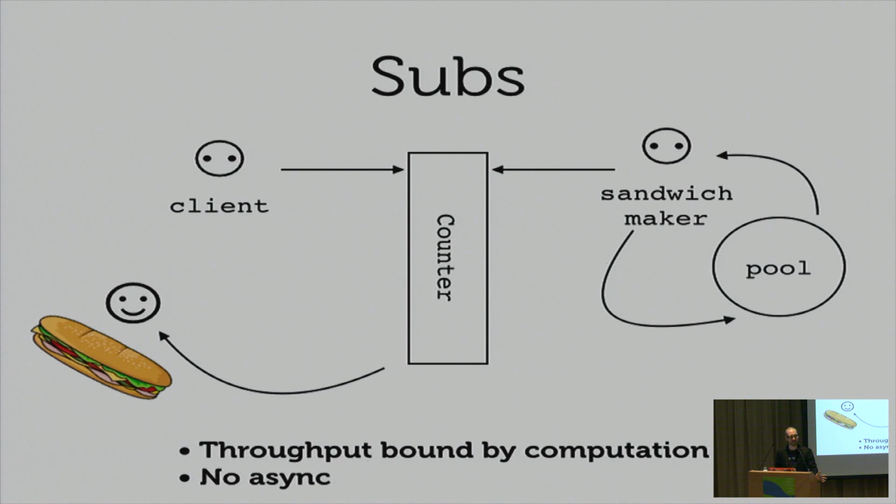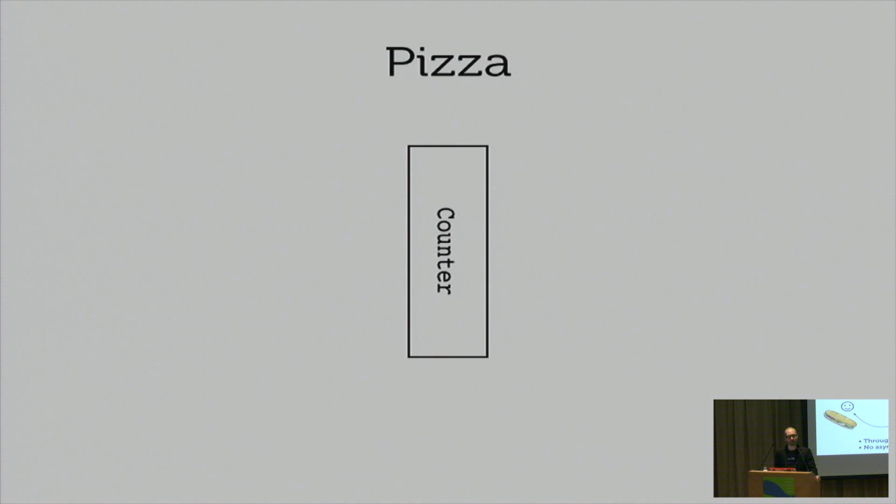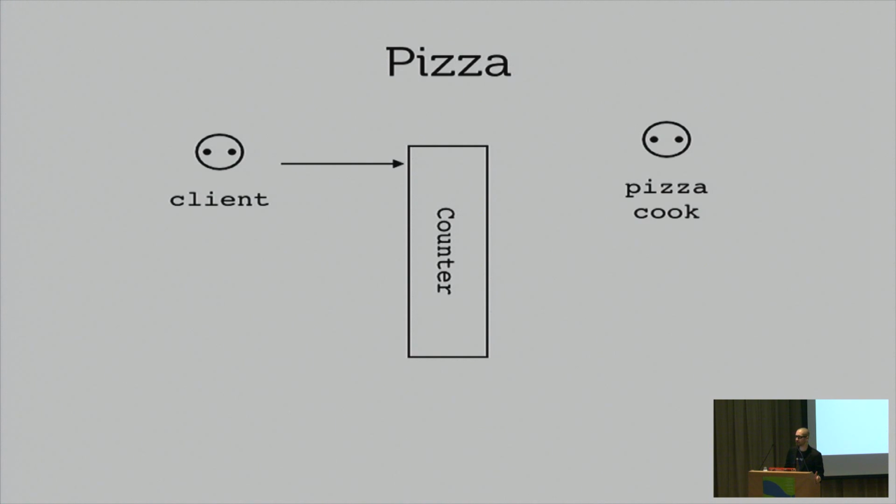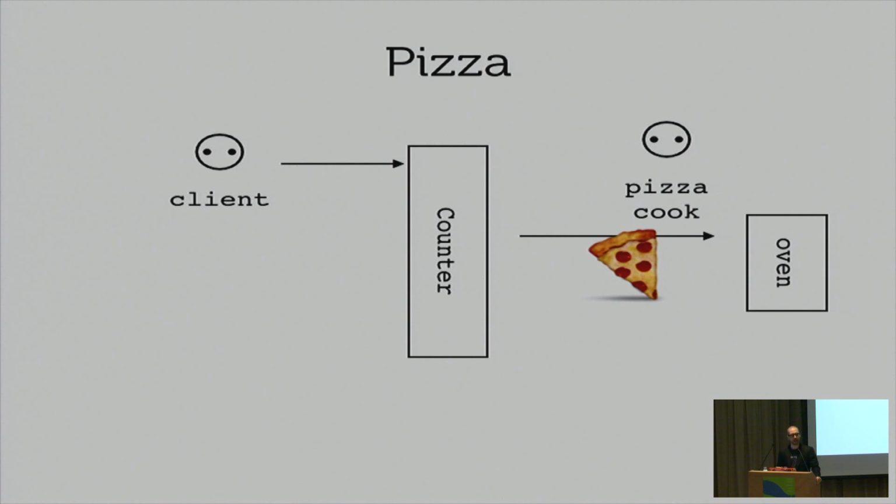But sandwiches aren't the only kind of food we have, right? We also have pizza. So if you want a slice of pizza, you go to the pizza place and you tell the cook what kind of slice you want. And the cook takes the slice out from behind the counter and puts it in the oven. And then you both just kind of stand around for a couple of minutes waiting for the slice to get hot. And then once it's heated up in the oven, the cook gives you the slice of pizza and you walk away happy.